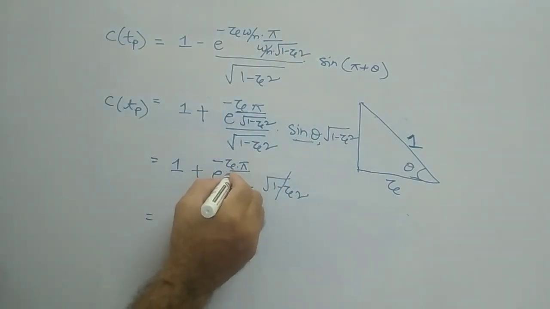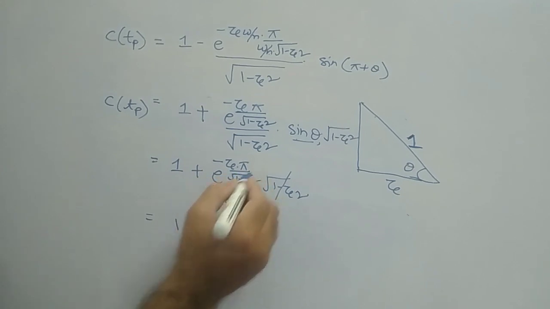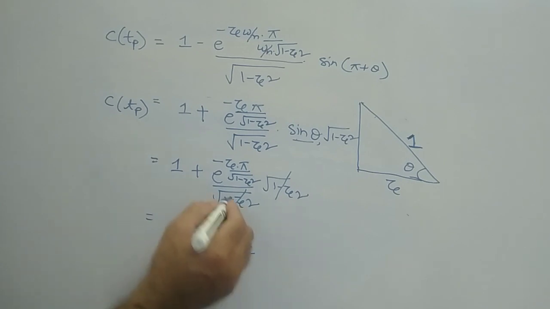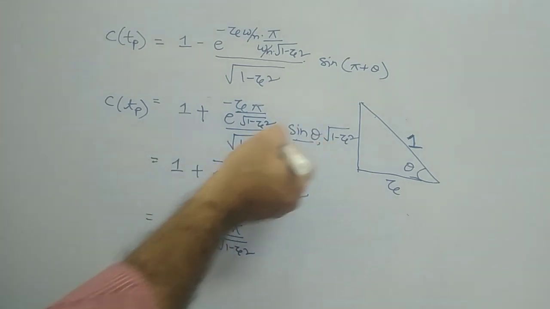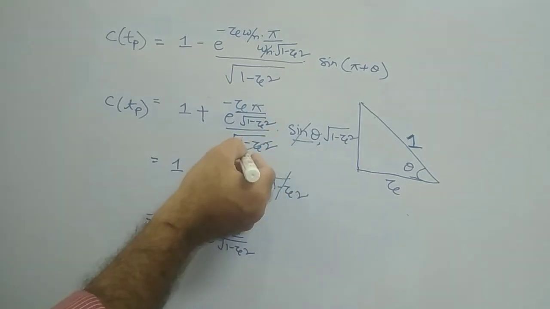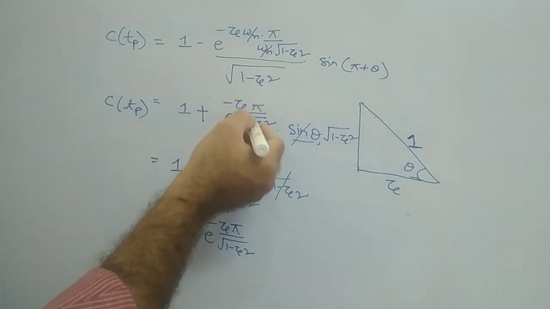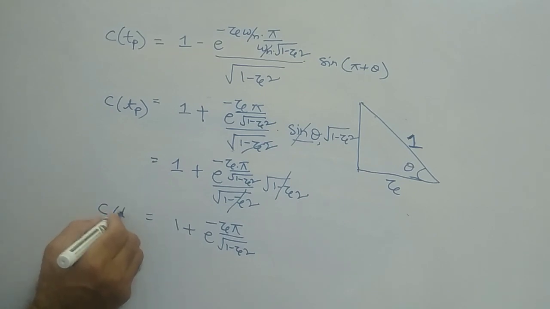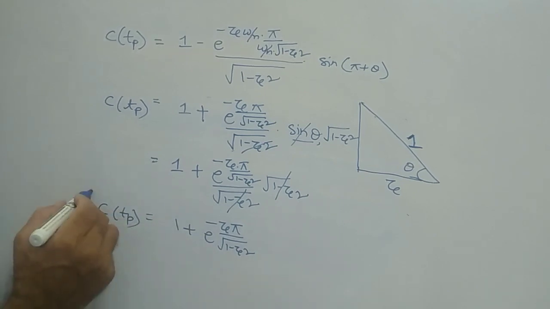This you should not forget, the 1 minus zeta square is also in the exponential's denominator. Clear? This is what your C of Tp.